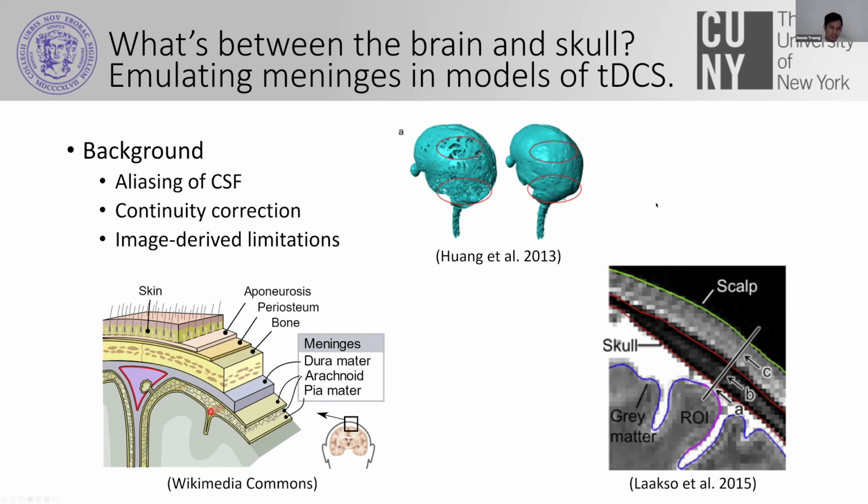It's very common to get aliasing and holes that develop. So usually either through the segmentation algorithm or manually, we have to go in and correct for continuity. But in doing so, it often means that we're overestimating the CSF thickness. We're essentially filling in so that there's this 1 millimeter thin layer surrounding the brain.